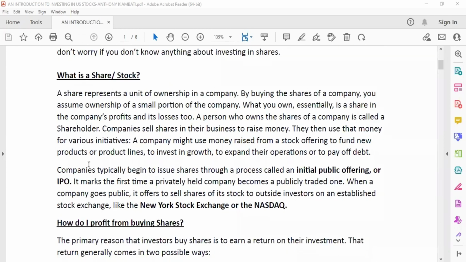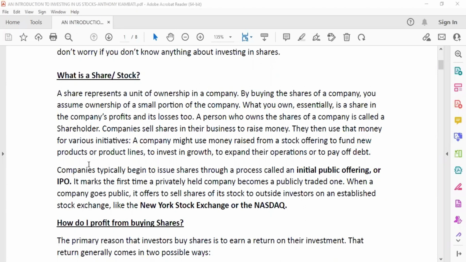Basically, a share is a unit of ownership in a company. So when you buy shares in a company, you're becoming an owner of a part of the company. Companies typically begin to issue shares through a process called an initial public offering. You'll hear people saying an IPO.